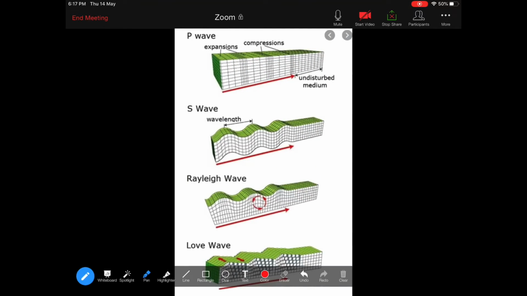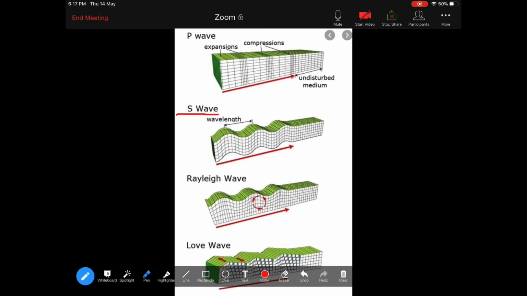So here you see four diagrams, and all the diagrams show the pattern of waves. First is P waves. The P wave pattern is like this: expansion, compression. Some places behave like this in expansion, and some places behave like this in compression.